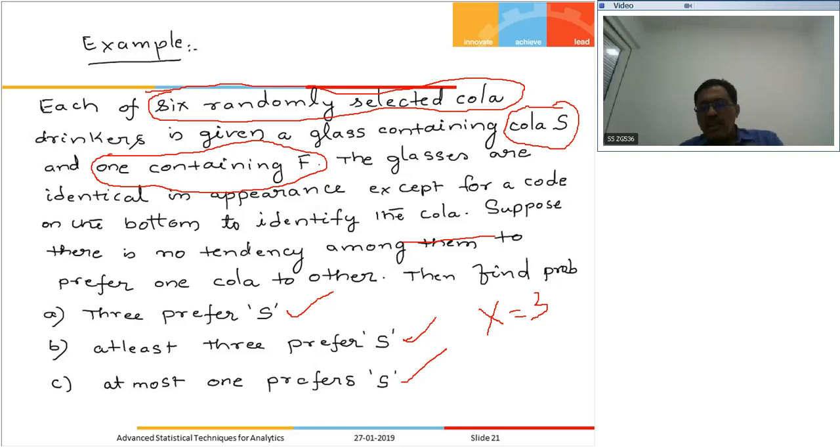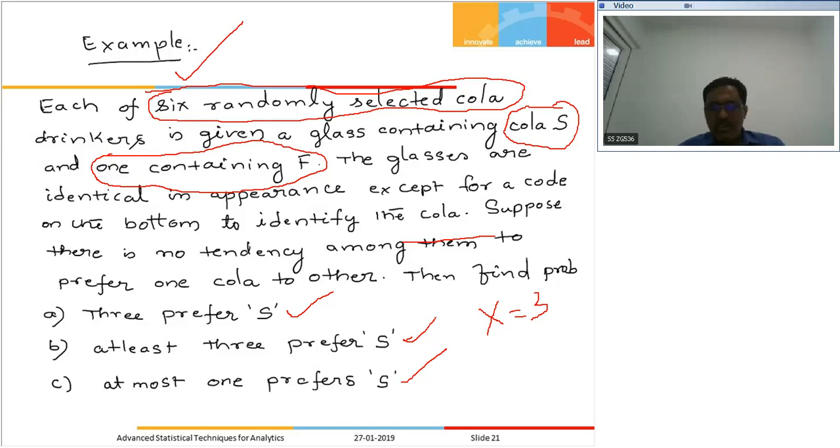Can you think whether this falls under binomial distribution or not? And what are the parameters here, and what are the values of the parameters? I think it is very clear, n equal to 6. X values depend on the problem.